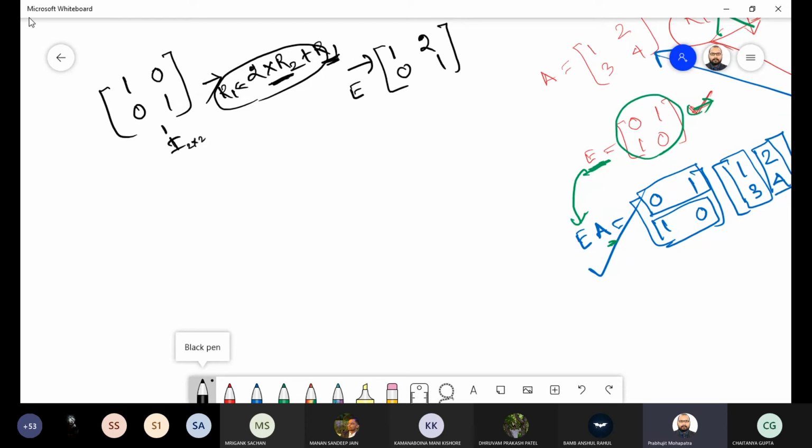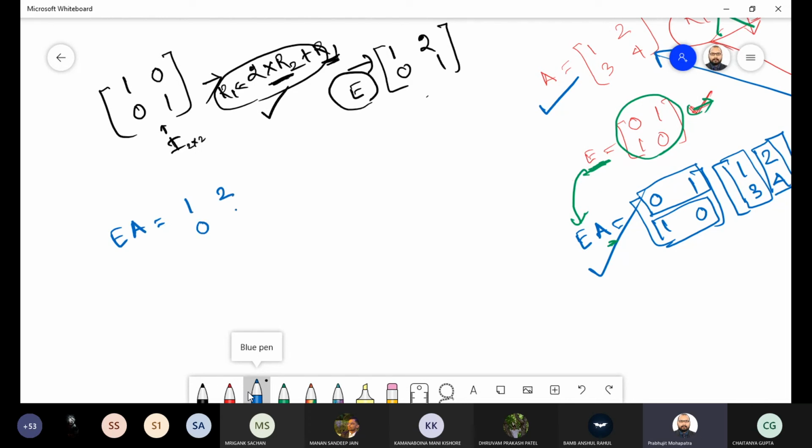Clear enough? The operation we do with the elementary matrix, if we multiply this E with any matrix, the same operation is going to happen. Now let's see. Our example A was [[1,2],[3,4]]. If we multiply E with A, E is [[1,2],[0,1]] and A is [[1,2],[3,4]].